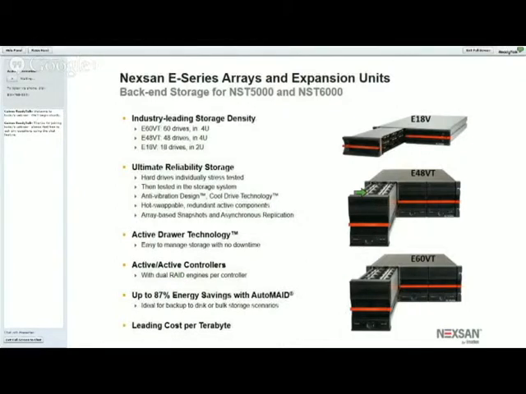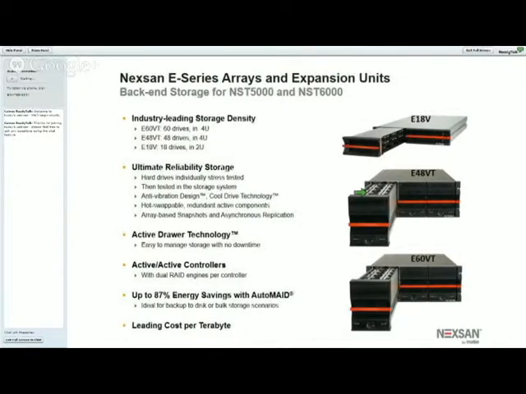Drives do not like heat. They do not like vibration, and surprisingly, I'm sure everybody knows, they do not like to be powered on. We can't control really the powered on part, although we have technology built into our E-Series to make it a very clean power on so that we don't get a power surge, which can take out the electronics.